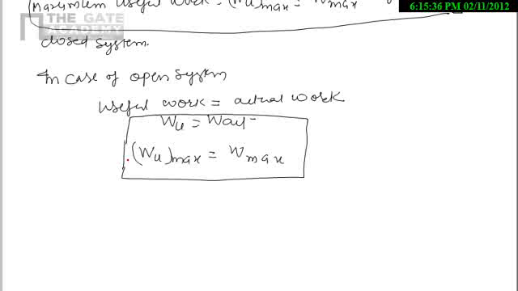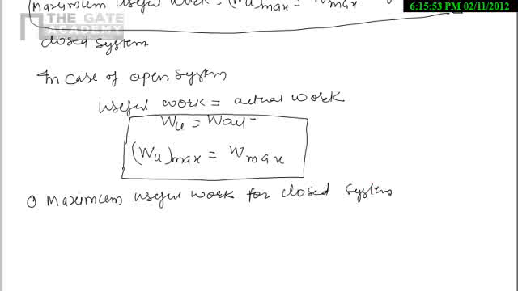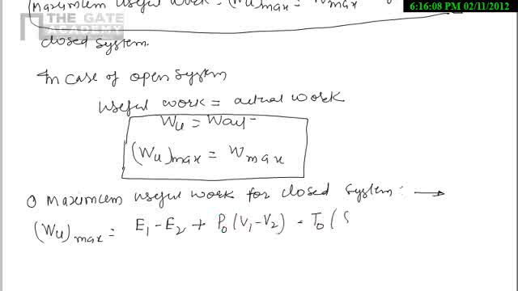So now we will discuss the maximum useful work for the closed system. For maximum useful work for closed system, we have the formula E1 minus E2 plus P naught (V1 minus V2) minus T naught (S1 minus S2).